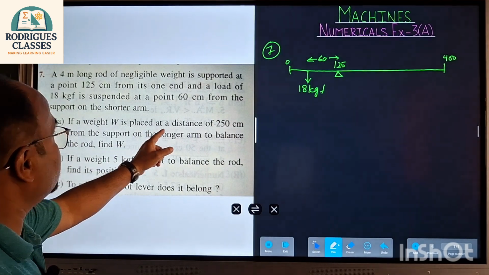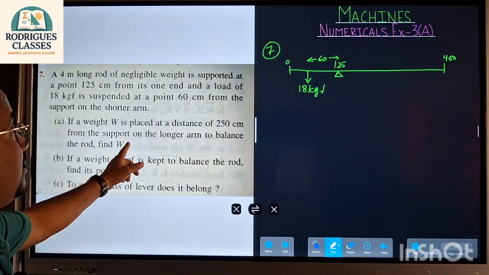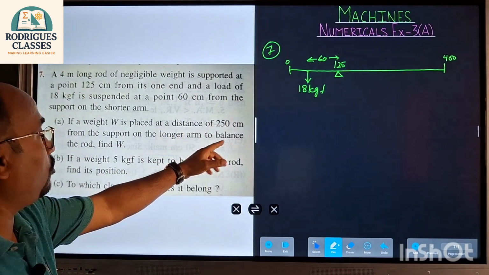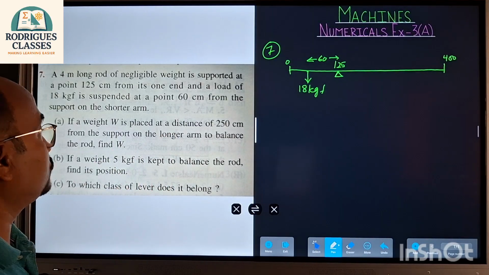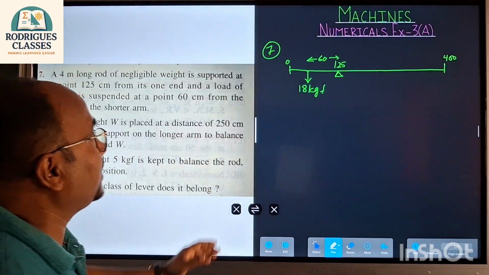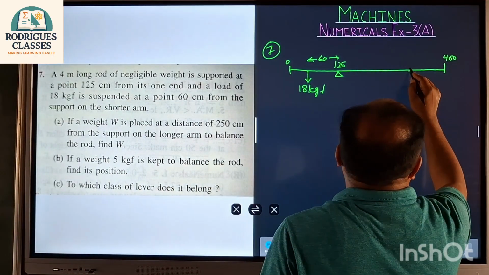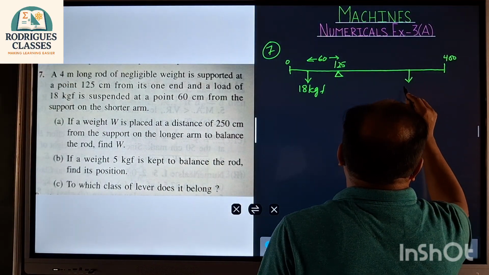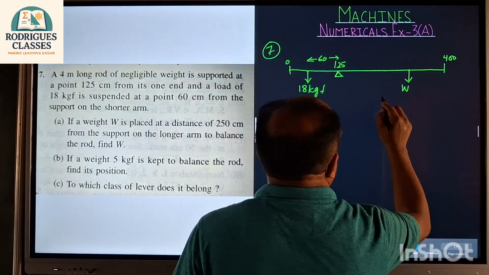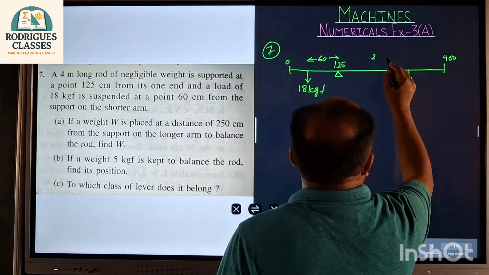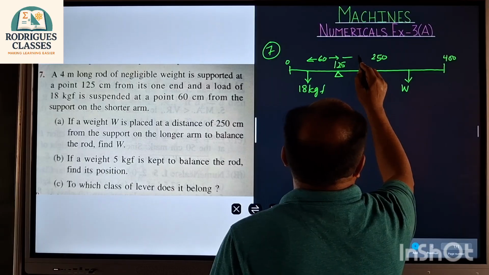If a weight W is placed at a distance of 250 centimeter from the support on the longer arm to balance the rod, find the weight W. So from the support, 250 centimeter on the longer part, I am taking here our weight W, which we have to calculate, and this is given to us as 250.